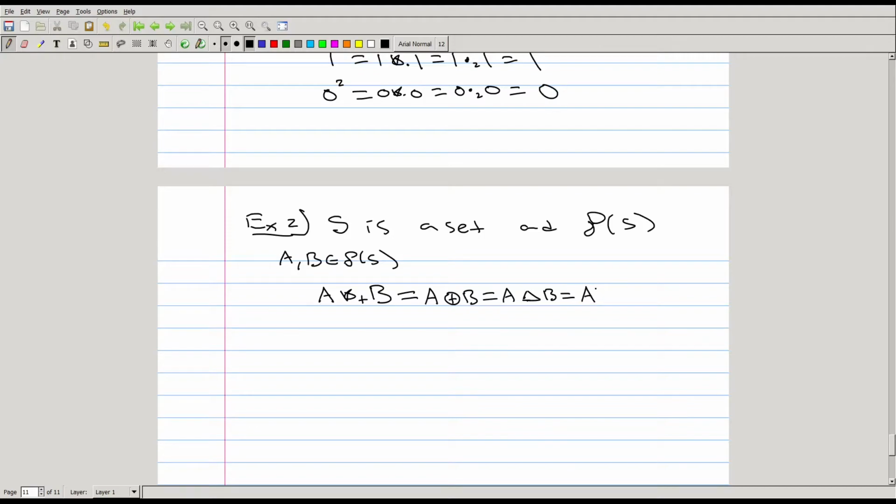This is just the set A minus B union the set B minus A. And likewise we define the multiplication operation to be the intersection.